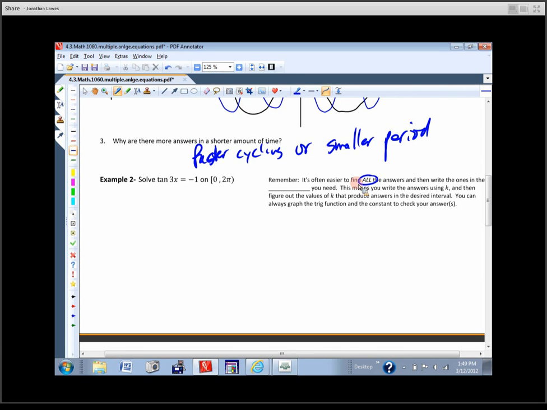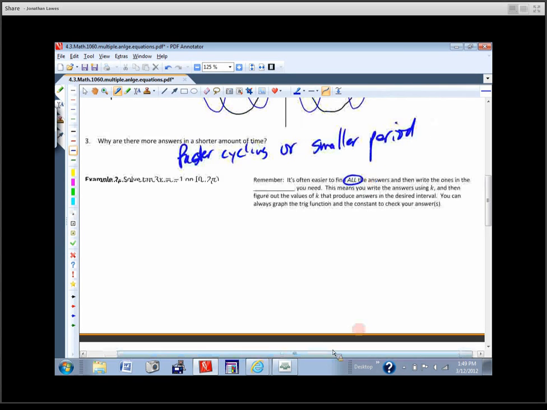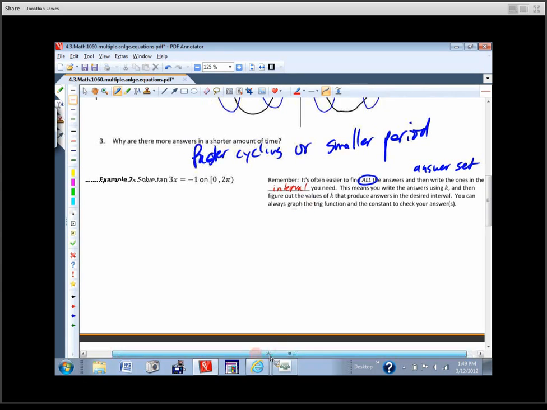If you write down the answer sets and then just plug in different values of k, that's going to be much more useful in the long run. So find all the answers, in other words, produce answer sets, and then find the ones in the interval that you need. Write the answers using k, and then plug in values of k that produce answers in the correct interval. You'll see why that's valuable in just a minute.